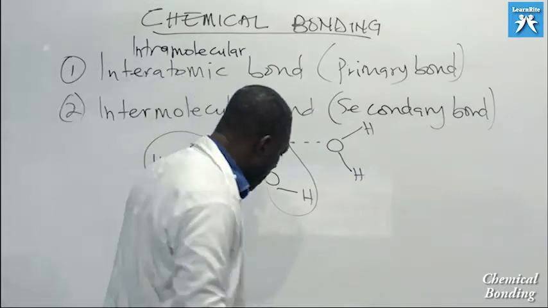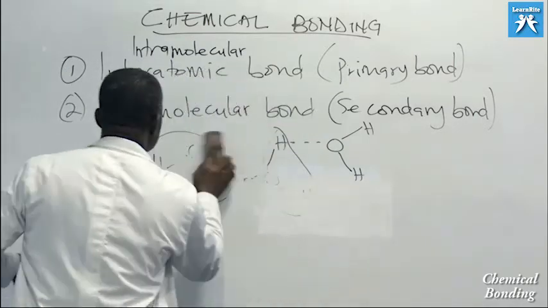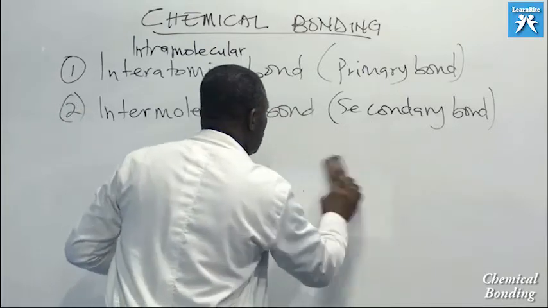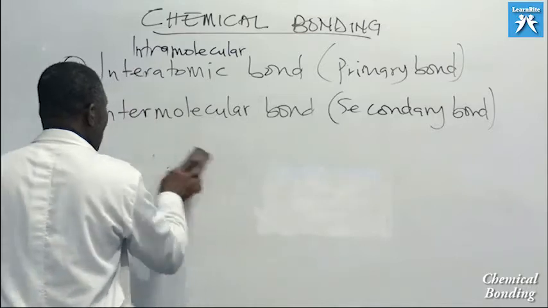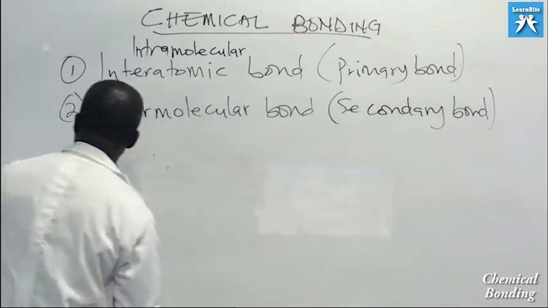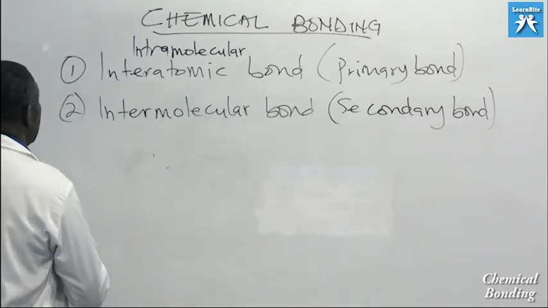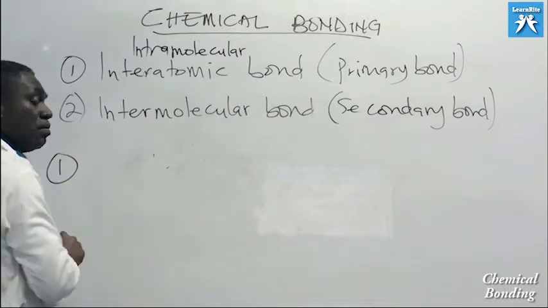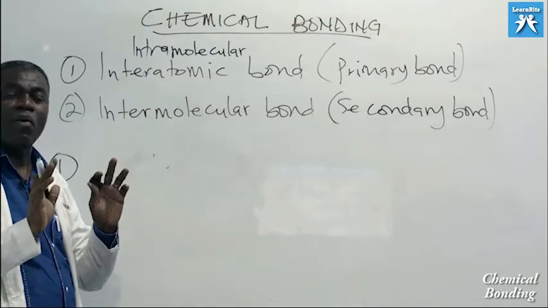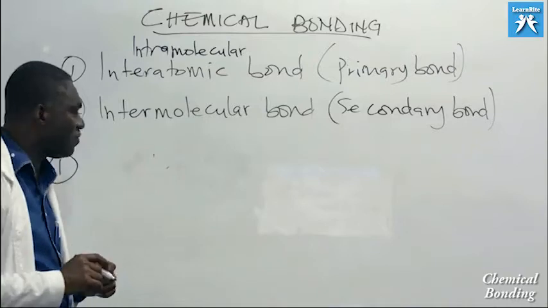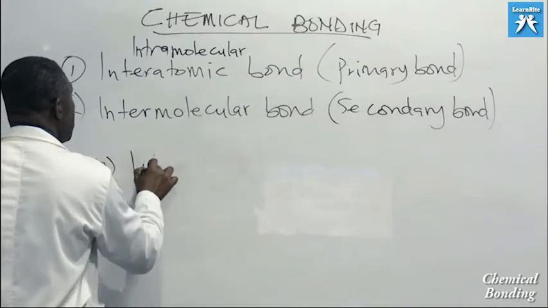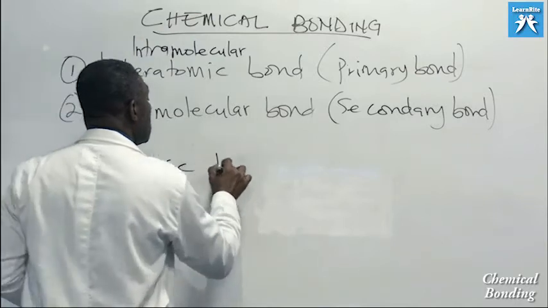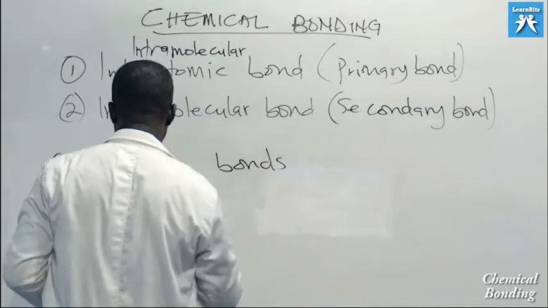Now, let me go back and list the types of bonds. Under one, the primary bonds that we have: A, we have ionic bonds.